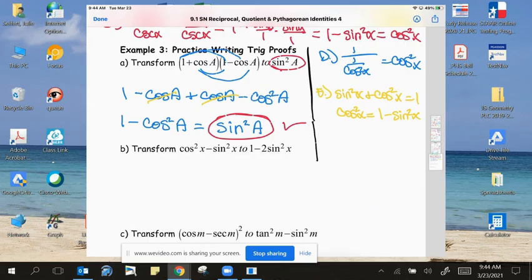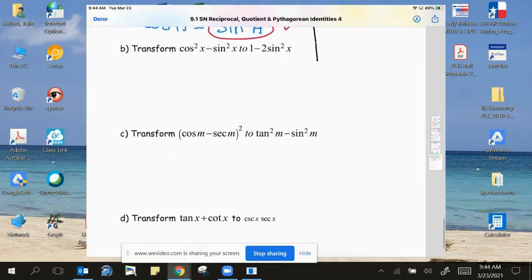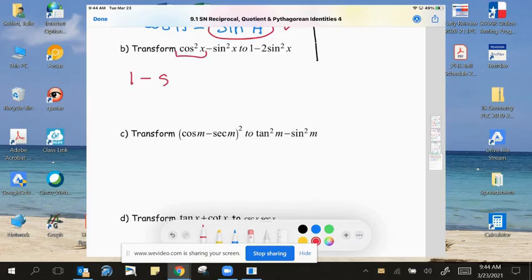So looking at part B, we have cosine squared x minus sine squared x, not a plus. And we're transforming that into 1 minus 2 sine squared x. So the left side has a cosine and a sine. The right side only has sines. So I'm going to take this cosine squared x and write it as 1 minus sine squared x.